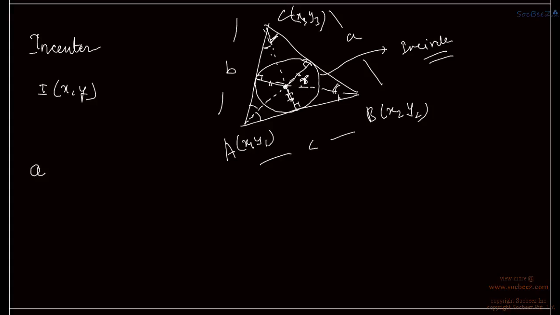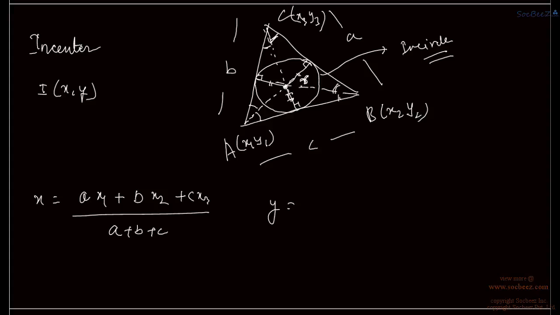So x is equal to (a x1 plus b x2 plus c x3) upon (a plus b plus c), and y is equal to (a y1 plus b y2 plus c y3) upon (a plus b plus c).